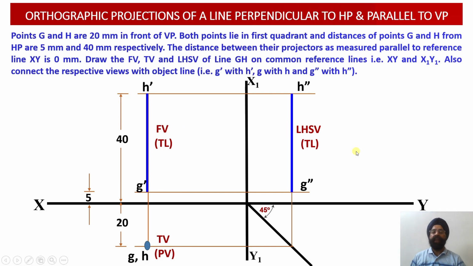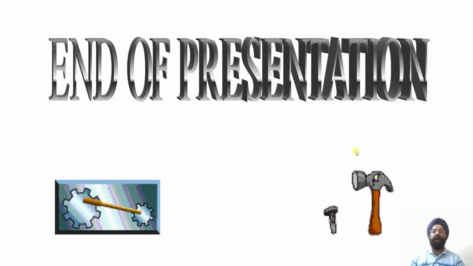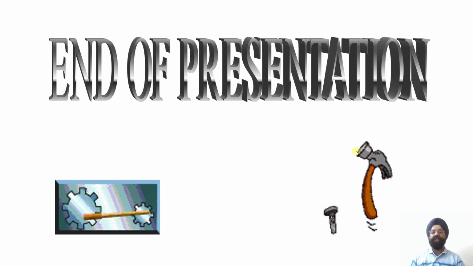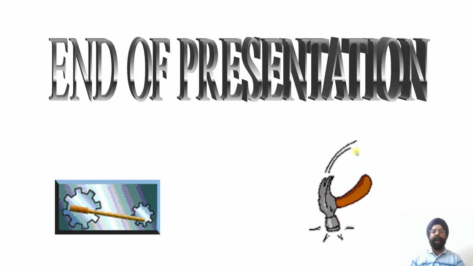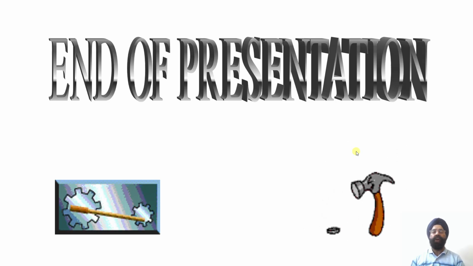So this way we have been able to obtain the orthographic projections of this line. So this is all for today. I hope that through this discussion you would have understood the mechanism to evaluate the orthographic projections of a line which happens to be parallel to the vertical plane and perpendicular to the horizontal plane.